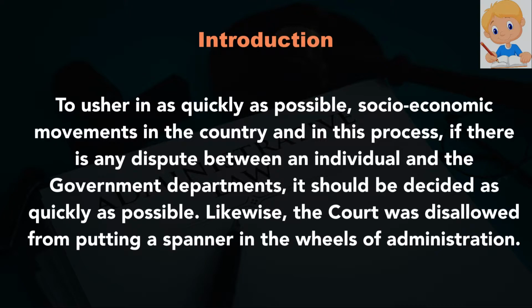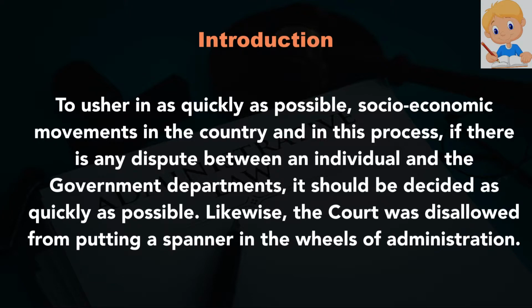In this process, if there is any dispute between an individual and the government departments, it should be decided as quickly as possible. Likewise, the court was disallowed from putting a spanner in the wheels of administration. So the king's powers were curtailed and the king's court was almost abolished.